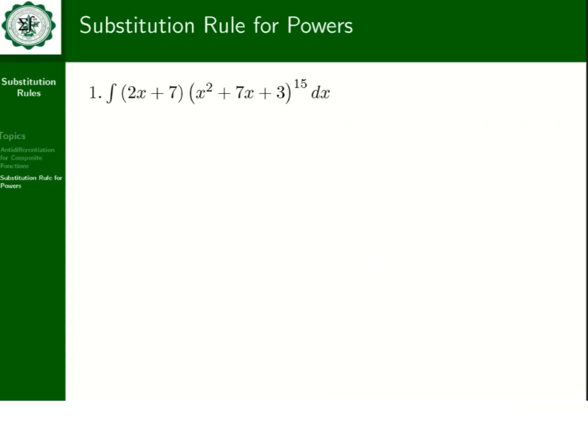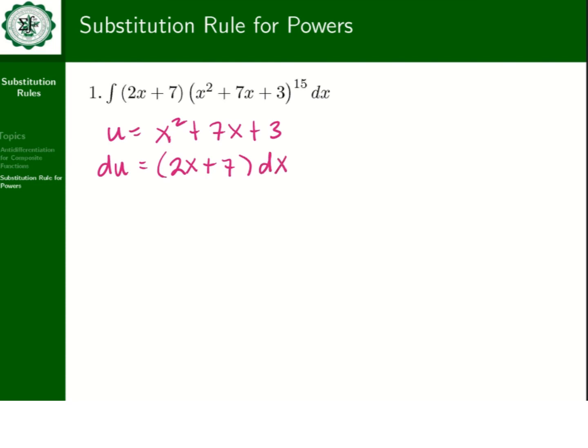For our first example, let us find the indefinite integral of 2x plus 7 times x squared plus 7x plus 3 raised to 15 dx. So here we let u be the base. So we have x squared plus 7x plus 3, and then du is equal to 2x plus 7 times dx.